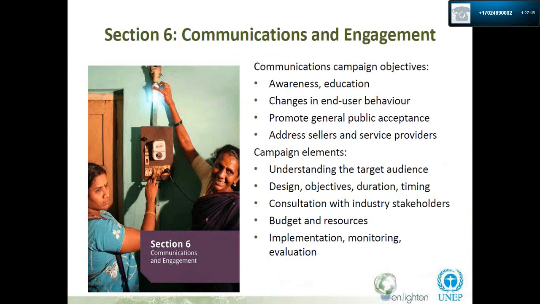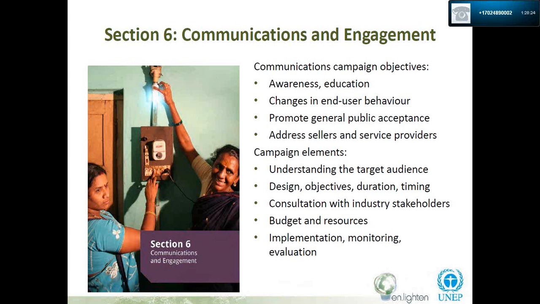The last chapter in the toolkit is on communications and engagement. The success of any program that is going to phase out lamps really depends on advanced communication, very clear objectives in a communication campaign to raise awareness, to educate consumers, and not just consumers, but everybody in the supply chain and everybody who will be participating in any kind of collection and recycling activity and any sales in the system.